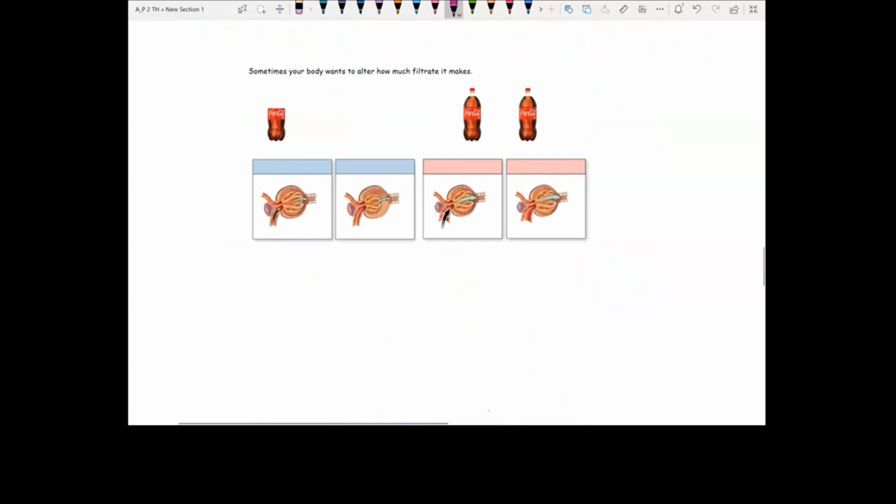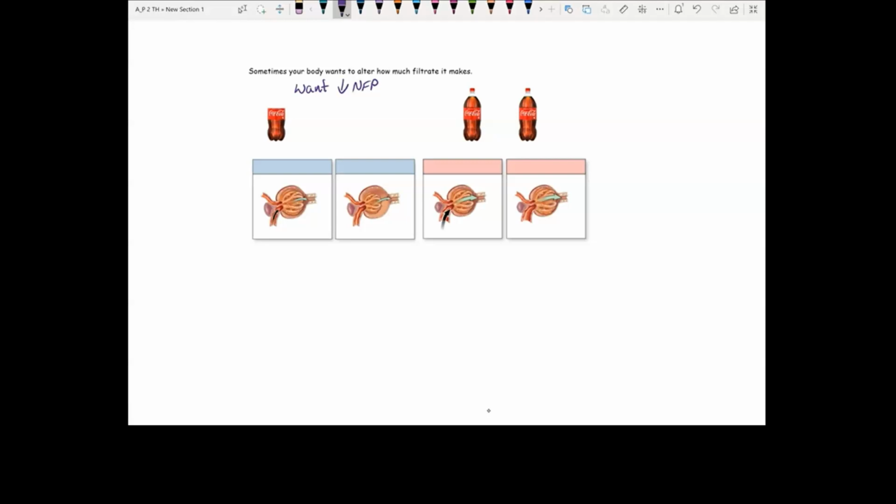Okay, these pictures show just the opposite. Now we're purposely going to change our net filtration pressure. So in this one, the one on the left, we want a lower net filtration pressure. Because here the Coke bottle represents your urine.